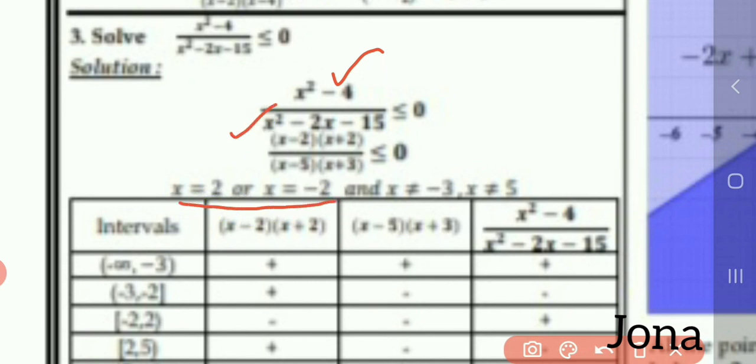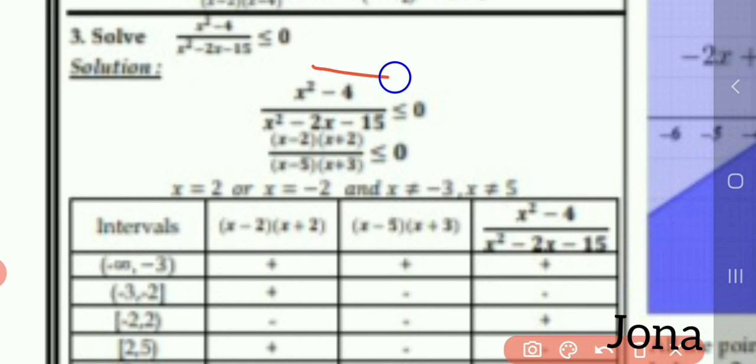And for the denominator I can take the factors. So we found the factors as x minus 5 into x plus 3. Okay, so from this we can get the values x equal to minus 3 and x equal to 5. And then we want to find the values of this in the given intervals.